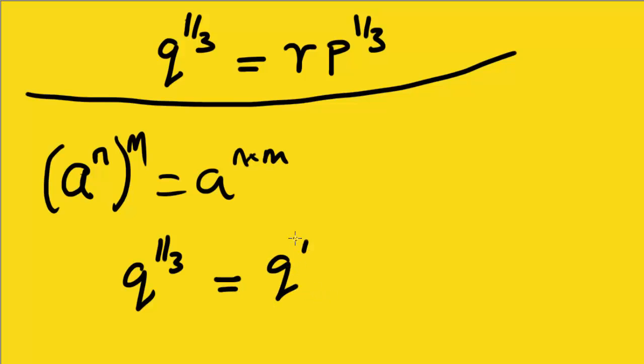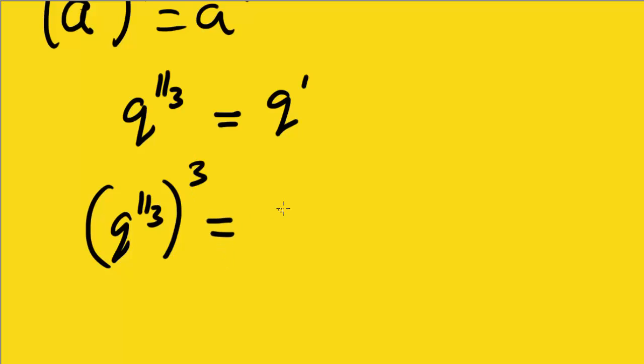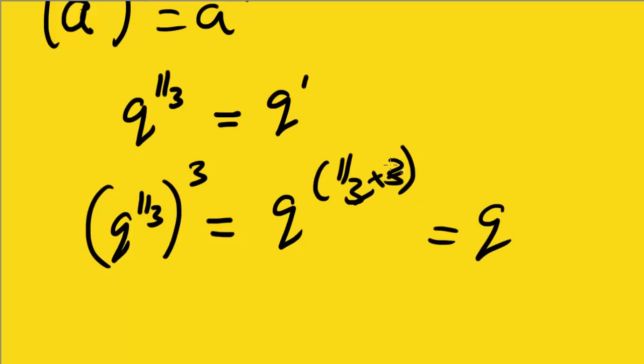Consider this. Q to the 1 over 3, all raised to the 3 is what? Q to the 1 over 3 times 3, which is, 3 and 3, 1, which is 1, which is Q.